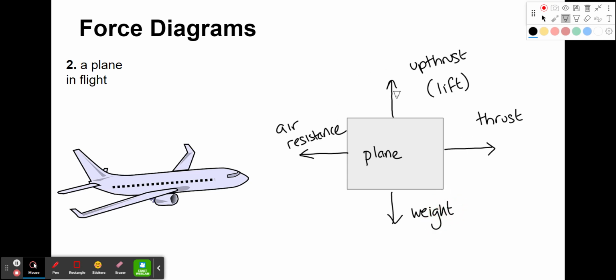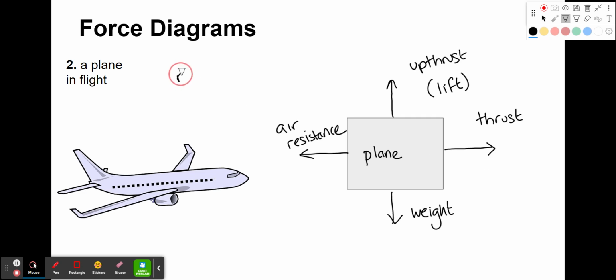Now, I've drawn all these arrows of very similar size, and if you think of them as pairs, this upthrust and weight pair are the same size. So this means that the plane will not be moving up or down. It's going to stay in the same position. And similarly, I've drawn the thrust and air resistance arrows at the same size, and that just means that the plane will continue at the same speed. It's not going to get any faster. It's not going to get any slower. It's certainly not stopped, but it'll just be moving at the same speed.